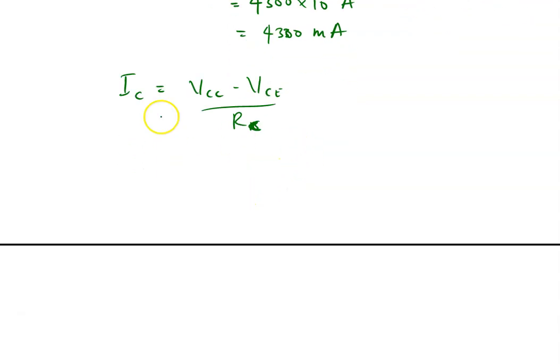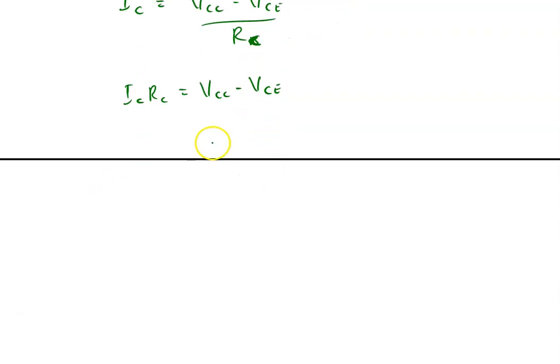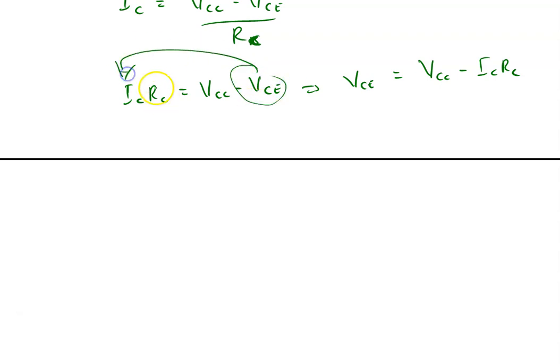At this point, I'll send RC to the other side, so IC RC is equal to VCC minus VCE. Then I can make VCE the subject. VCE is equal to VCC minus ICRC.